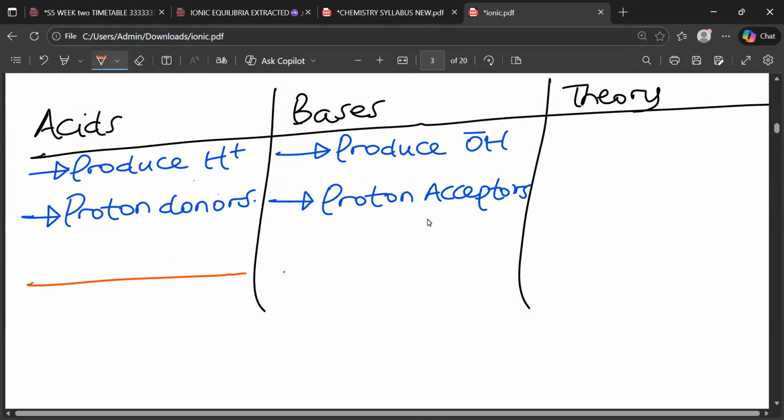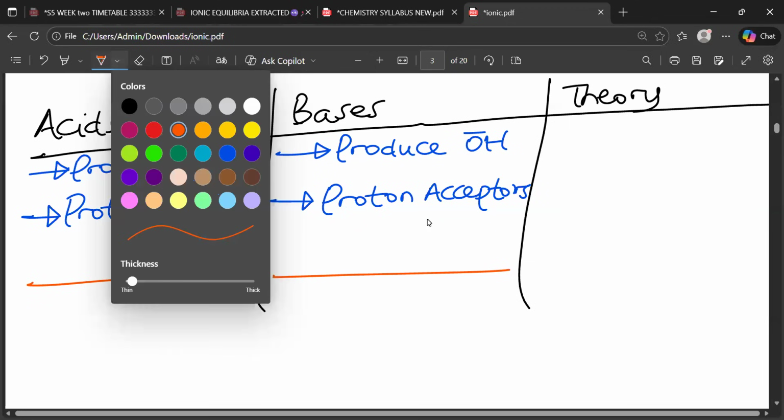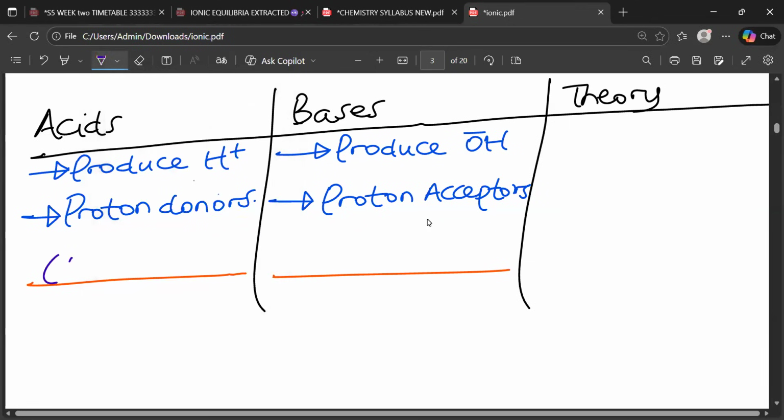So I'll put dashes. This one, told you I never leave any lesson without research. That is your research.